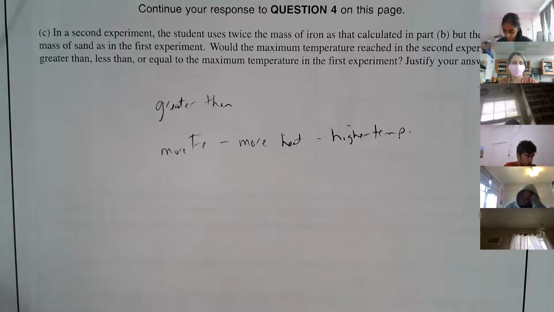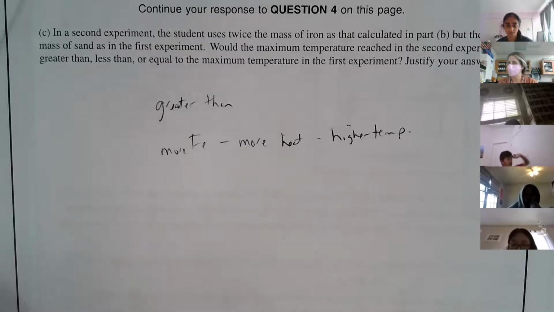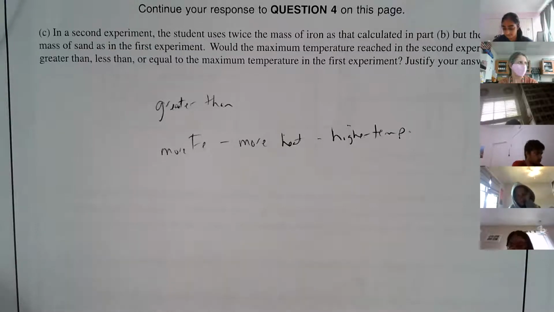Okay. So I guess this value decreases and the increase in mass is negligible, so therefore the stored heat has to increase. Are you still saying that the temperature would be bigger? Yeah. But your rationale is what again? Because you have more sand in there?